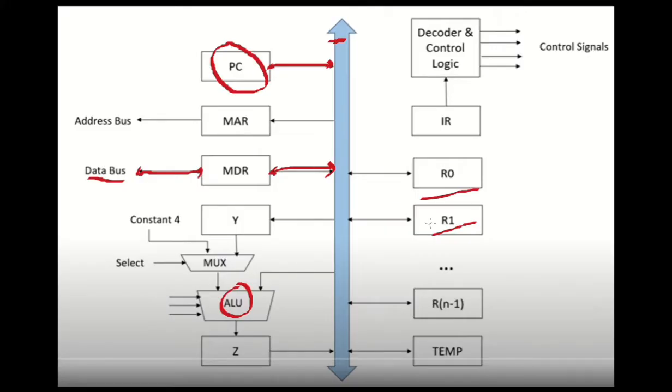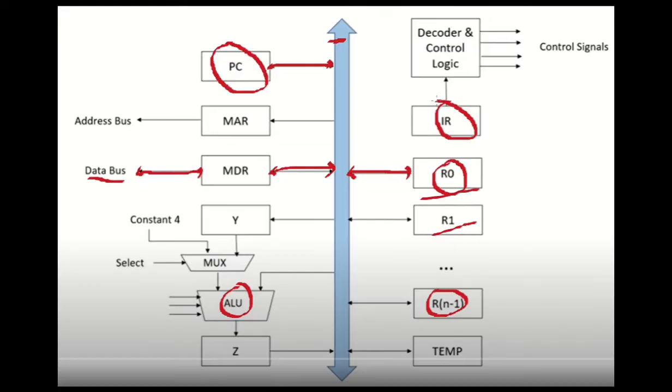If there are n registers, they go from R0, R1, up to Rn minus 1, and these are also connected to the internal bus. Then we have the instruction register, which takes input from the internal bus and passes it on to the decoder and control logic.